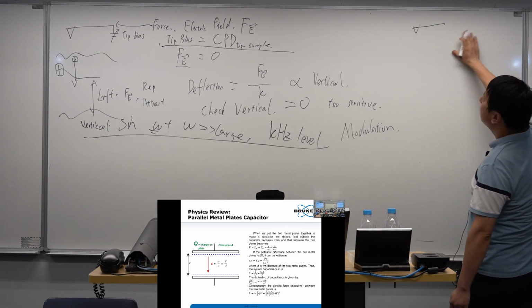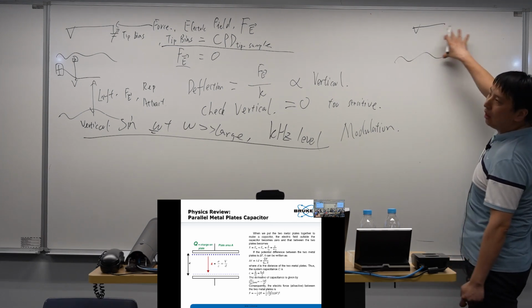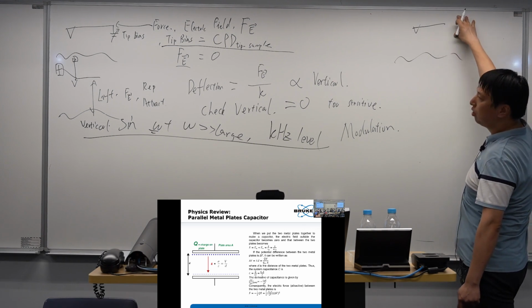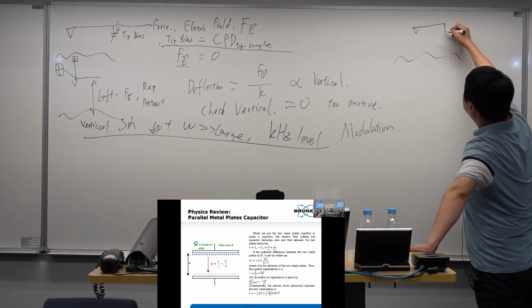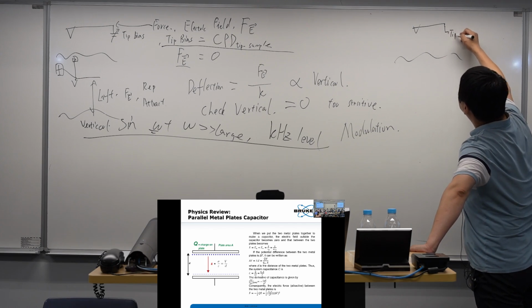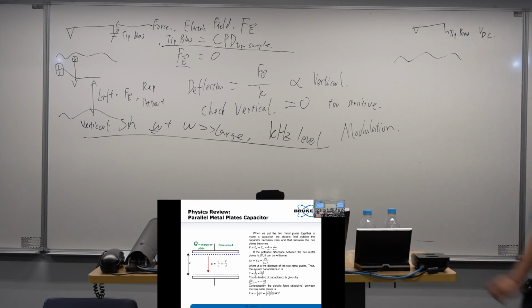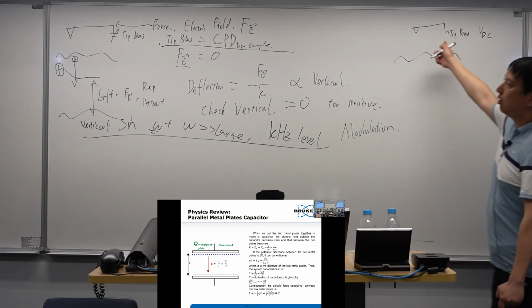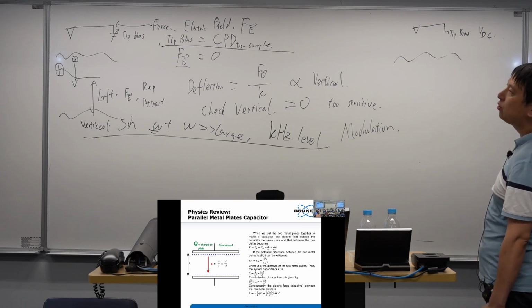Well, I'm sorry, we have a probe, we have a surface. There is a contact potential difference between the probe and the surface. Okay, I apply a tip bias here, which is VDC. And now I want my vertical to be modulated. How can I do that?